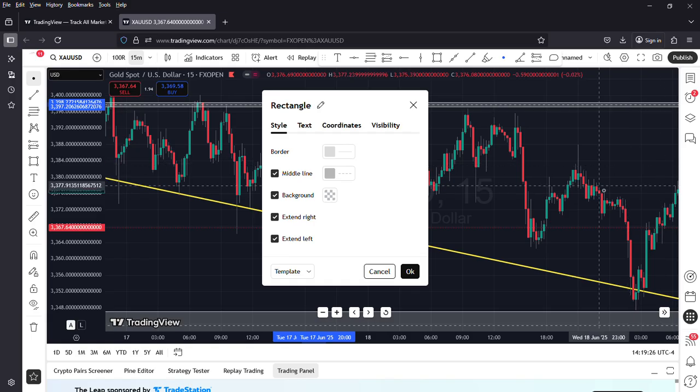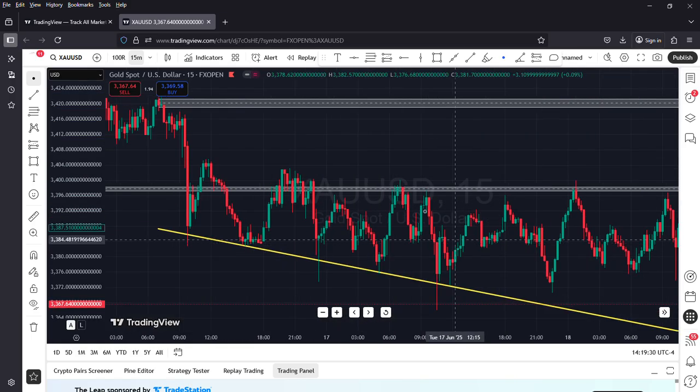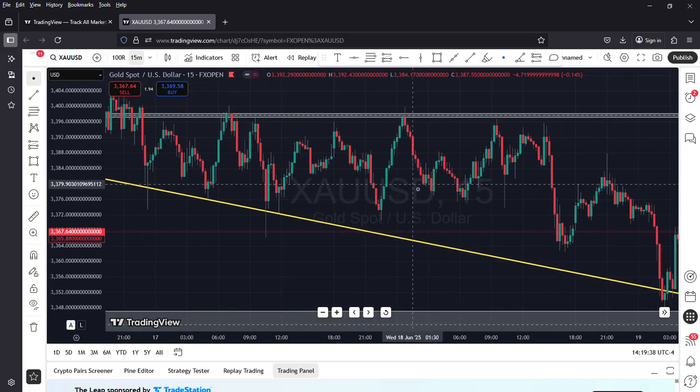There are areas the market has tested several times, consecutively. When the market comes down, it will try to respect this zone.